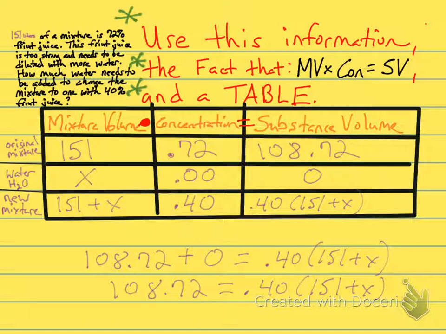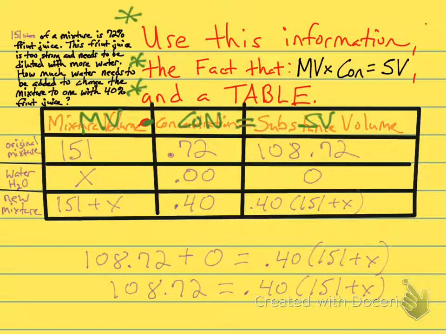I'm going to start with the table here because I think it's a good graphic organizer to take a word problem and try to find the important information and set it up in a way to help lead to a solution. You'll notice in the table that we have mixture volume times concentration will equal substance volume.